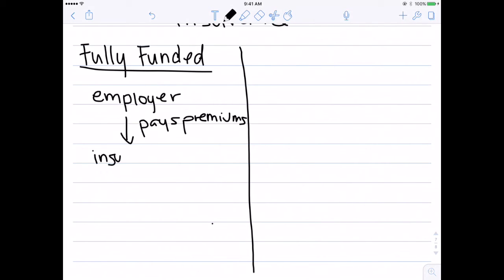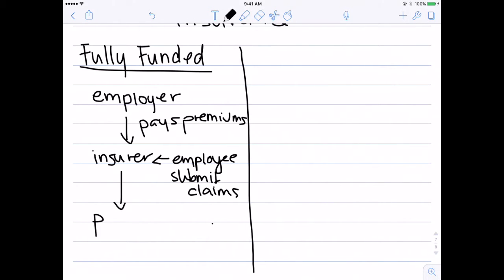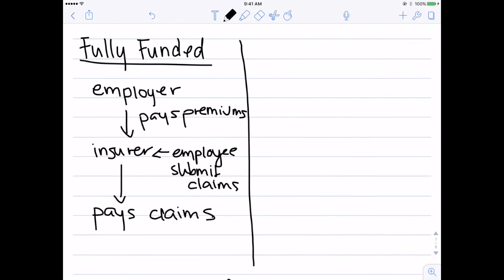The insurer takes claims from the employees, so we have the employees submitting claims, and then, as expected, and of course taking into account the coordination of benefits and the cost-sharing provisions that you saw back in Module 10, what's going to happen now is the insurer pays those claims as long as the claims meet what the promises that the insurer has made are.